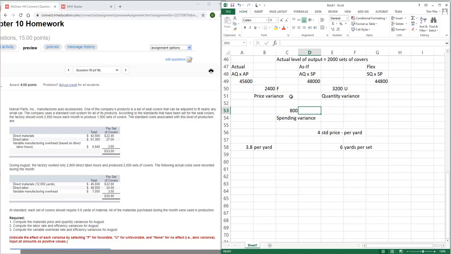Actual is greater than flex, so that's unfavorable. We also could find that by netting out the two lower level variances. $2,400 favorable price variance combined with a $3,200 unfavorable quantity variance, and there's an $800 unfavorable overall spending variance.